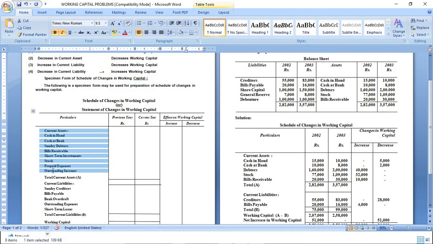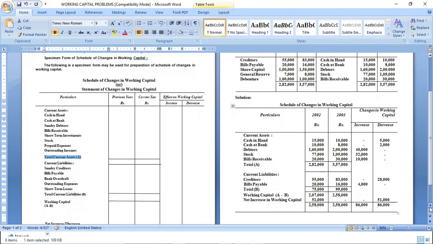These are all examples of current assets. Whenever you find these kinds of examples in any question, you have to write them in the current assets column. Then we total the current assets.